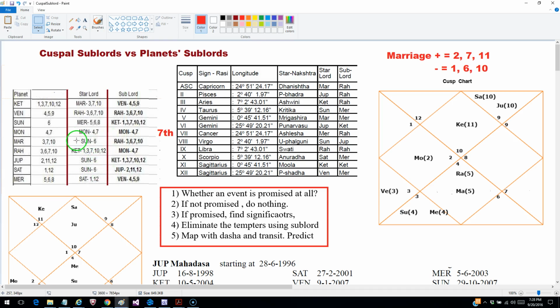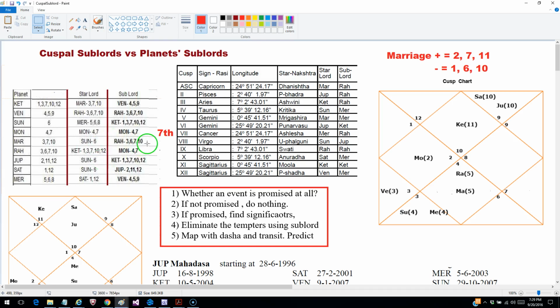And not only this, they are only giving the result of the sixth house. This is not diluted. The position of Sun is such in the cusp chart that it's only giving the result of the sixth house, which is a very strong, positive house in Krishnamurti Paddhati.